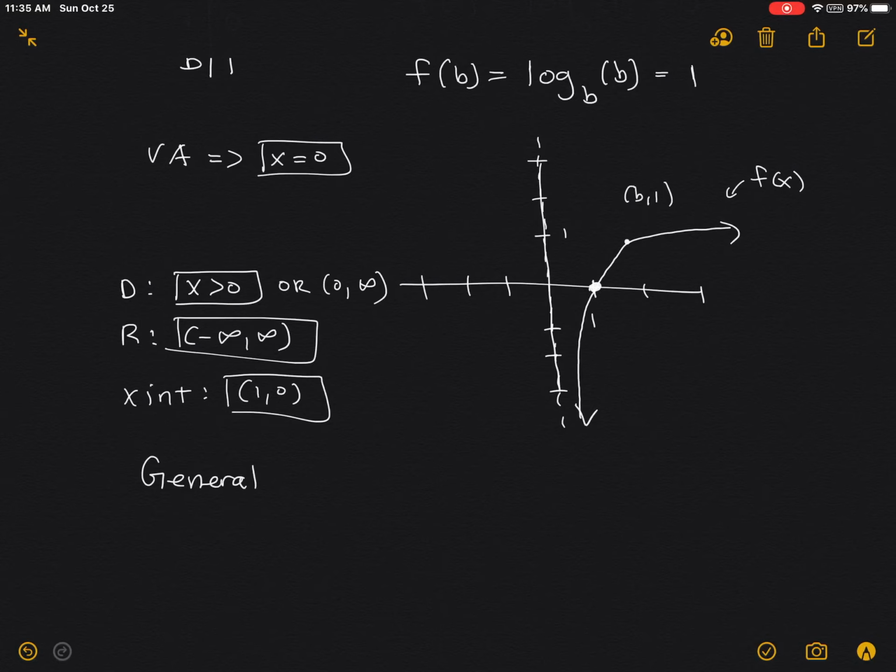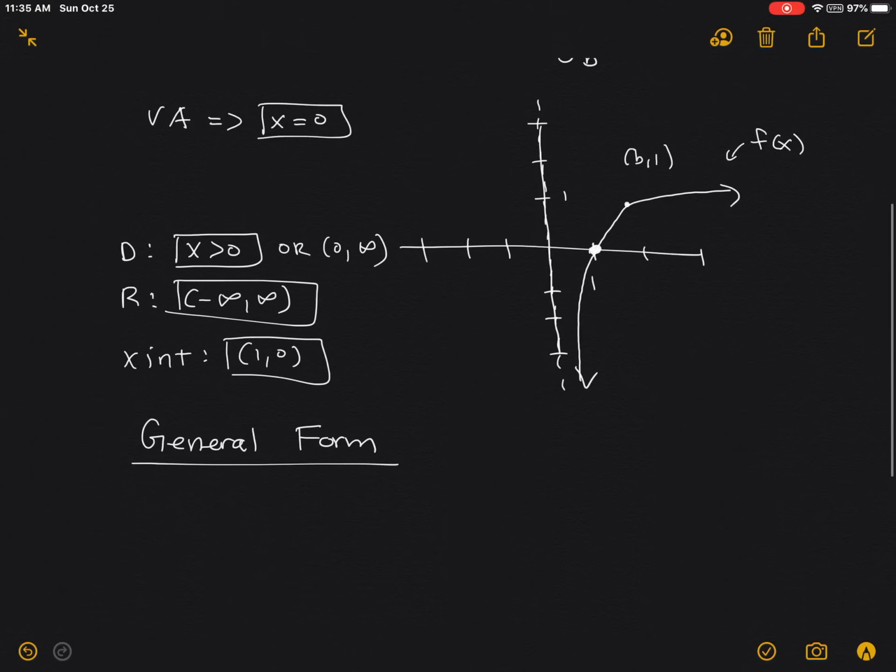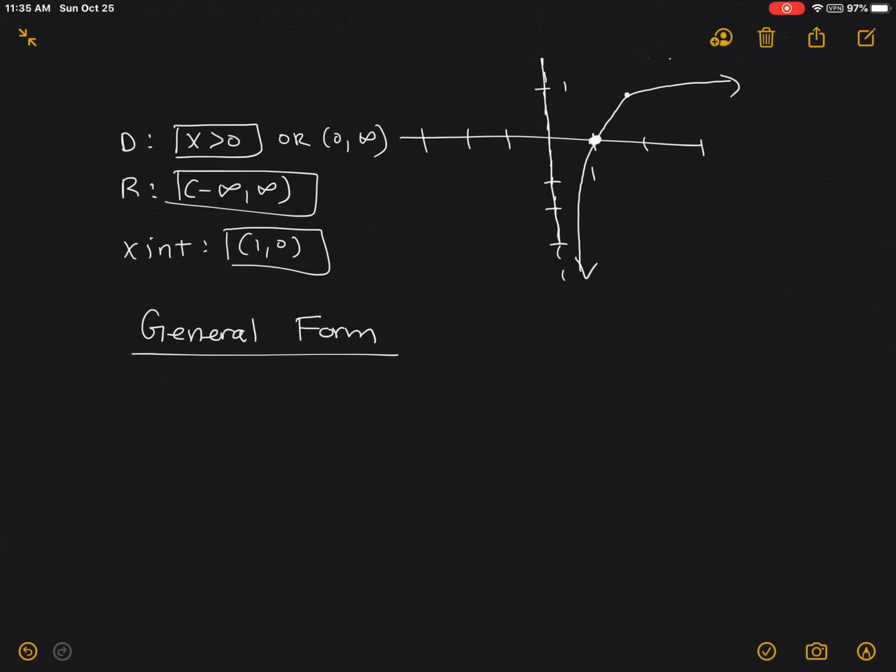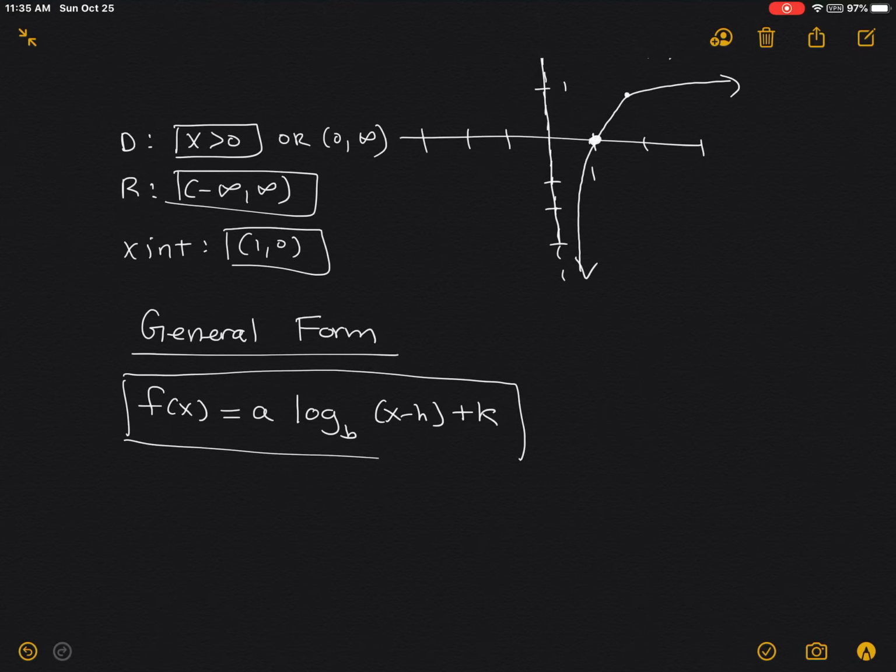All right, now, what is the general form of a log function? The general form of any log function is going to be in this format. We'll call it f of x is equal to a log base b of (x minus h) plus k. This form looks very, very familiar.